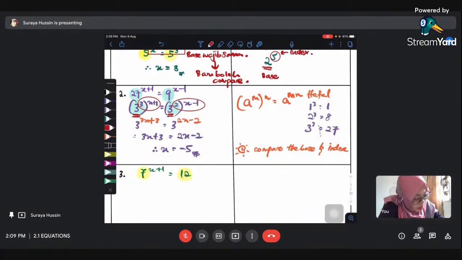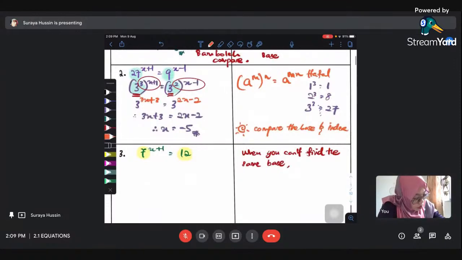So when you can't find the same base to compare, use log both sides. So use log both sides left and right.